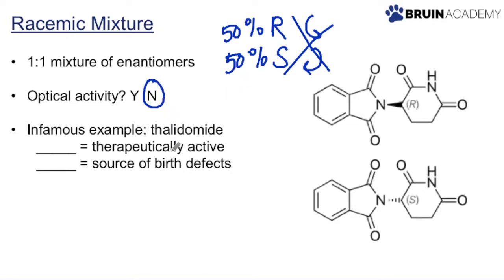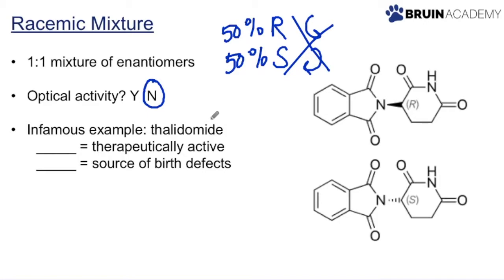And a really famous example of a racemic mixture that caused a lot of problems was thalidomide. This was a racemic mixture that was used in drugs that were administered to pregnant women, and this led to a lot of birth defects.